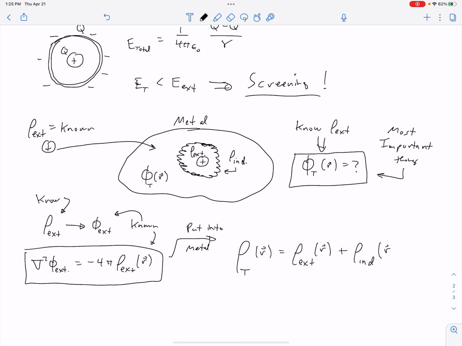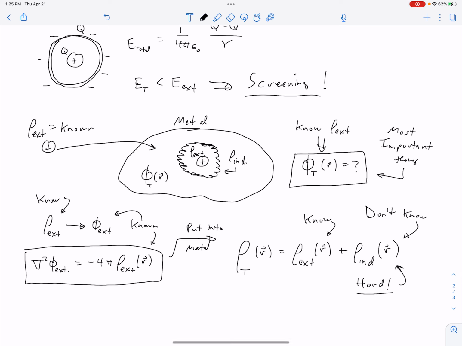So we know the external, but we don't know the induced. And that's the hard part.